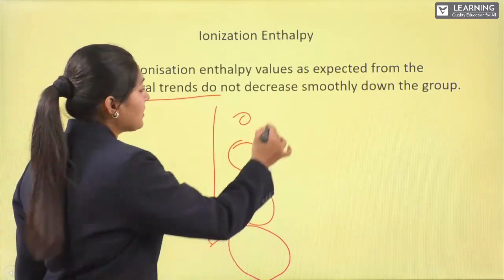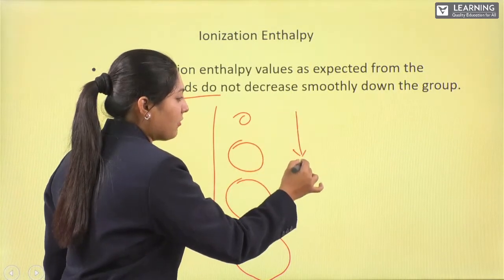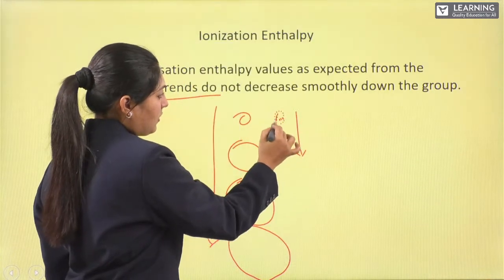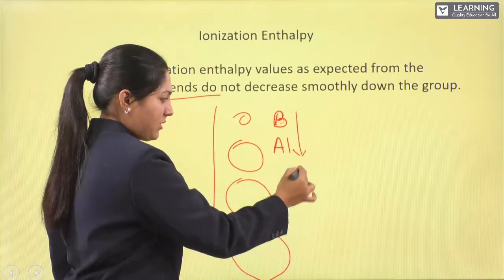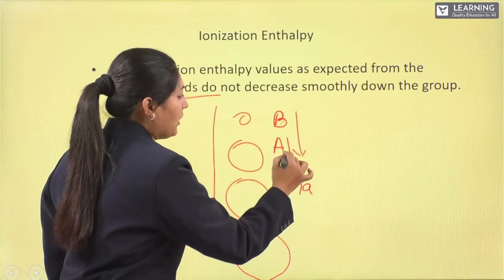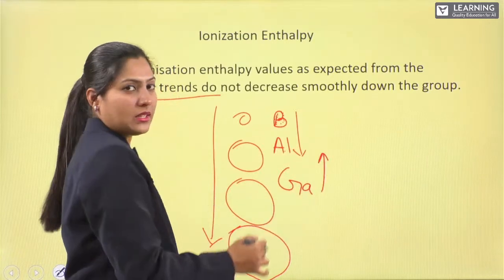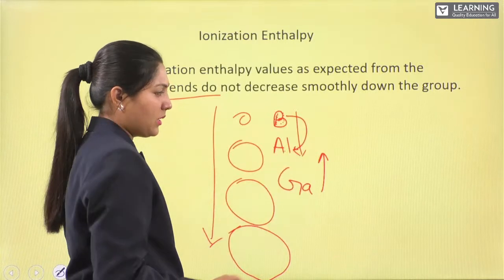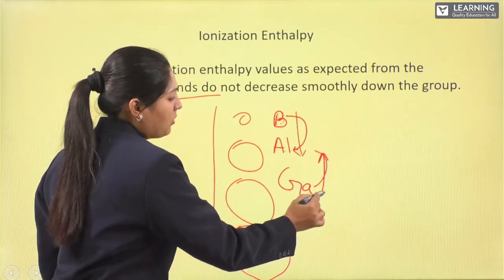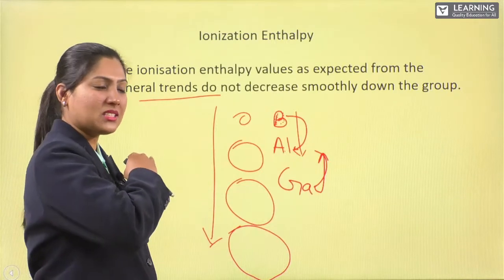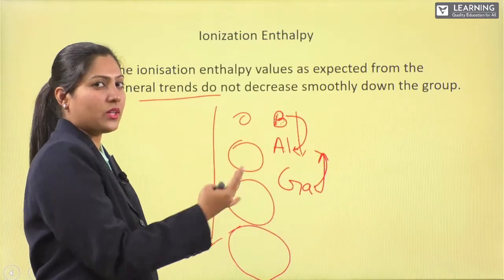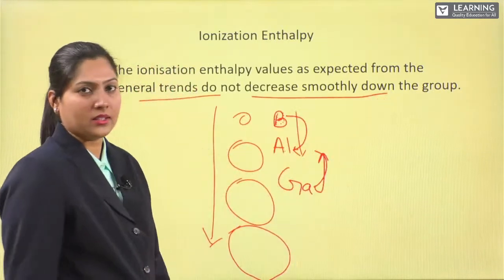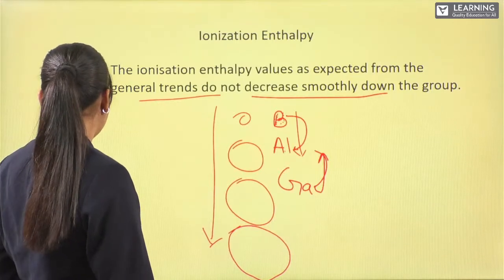But here the size increases from boron to aluminium, and decreases from aluminium to gallium. So it is not just one stretch. We cannot say it is simply increasing or decreasing, so it is not running smoothly, right? We need to know how this changes.